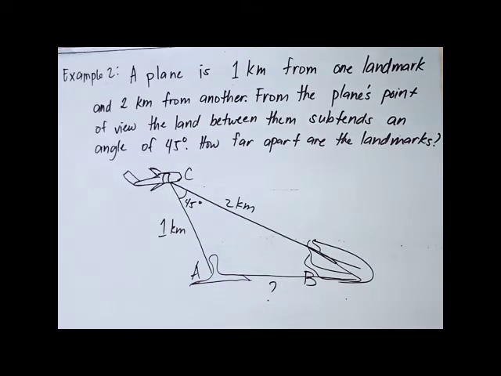So how far apart are the landmarks? In this case, we are going to use the law of cosines, since the given are the two sides and the included angle.